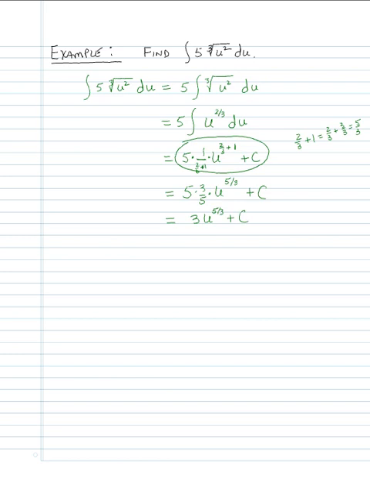Now, it is true that we can rewrite that in a different way. We didn't have a radical to begin with, and so there's probably nothing wrong with this answer, but let me just remind you that u to the 5/3 power means the cube root of u to the 5th.